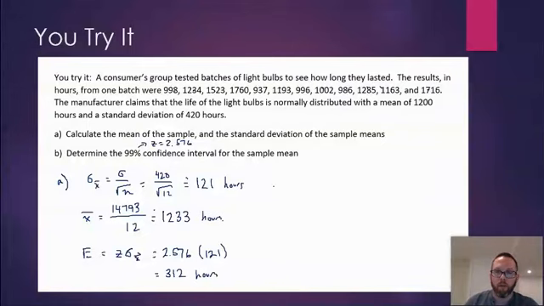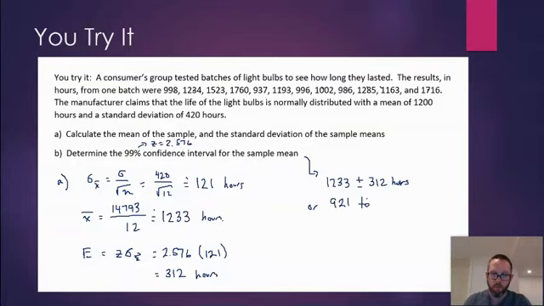All right, so our 99% confidence interval, we can say is 1,233 hours plus or minus 312 hours. Or you can state that as an actual interval. So if you do 1,233 minus 312, 921, to 1,233 plus 312, 1,545.